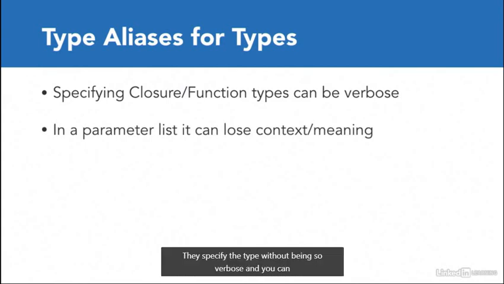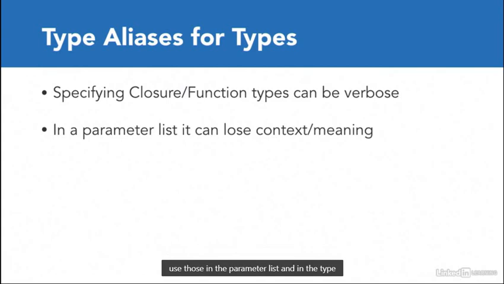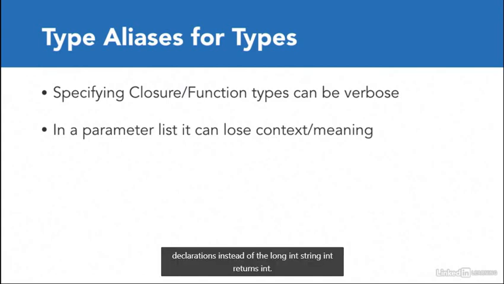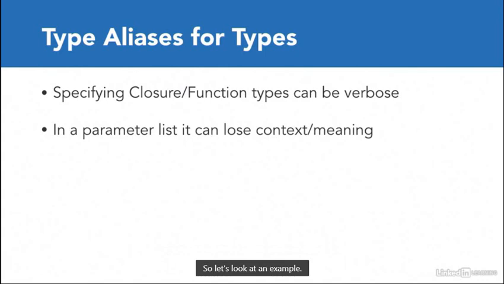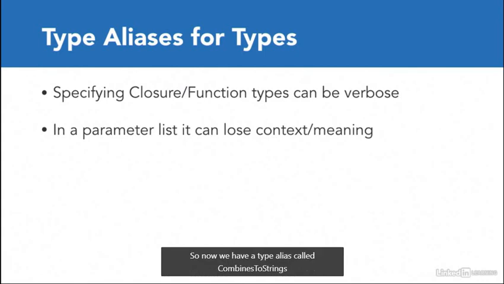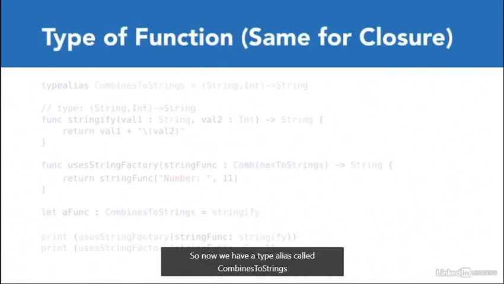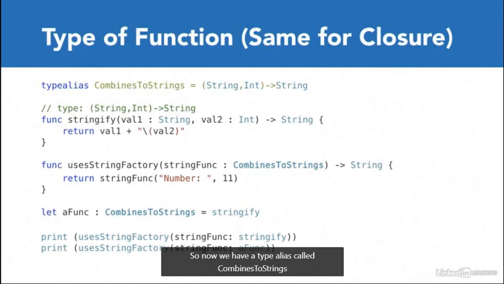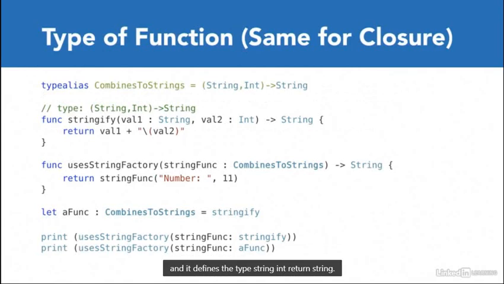They specify the type without being so verbose, and you can use those in the parameter list and in the type declarations instead of the long int, string returns int. So let's look at an example. Now we have a type alias called CombinesTwoStrings, and it defines the type string, int returns string.